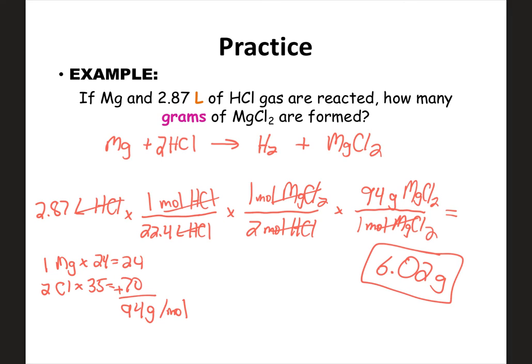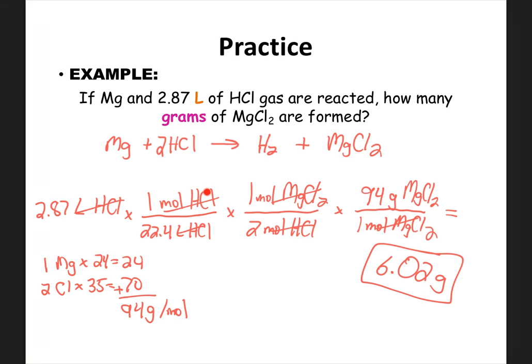Remember, you have to write the equation first, balance it. Once you realize it's stoich, we're switching substances here, okay? So you got to write and balance the equation. Your goal with every stoich problem is to get to moles, and then once you're in moles, you use your molar ratio, and you get these numbers right from the balanced equation. Moles of the substance you started with on the bottom, moles of the substance you're going to on the top, all right?